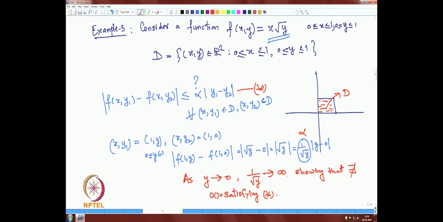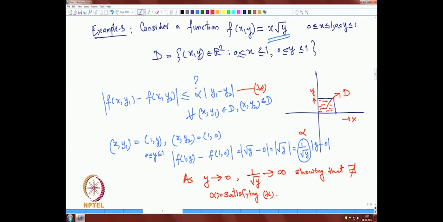So, as y approaches 0, as this is the x axis and this is the y axis, this quantity 1 upon square root of y blows up. Therefore, the Lipschitz condition is not possible.